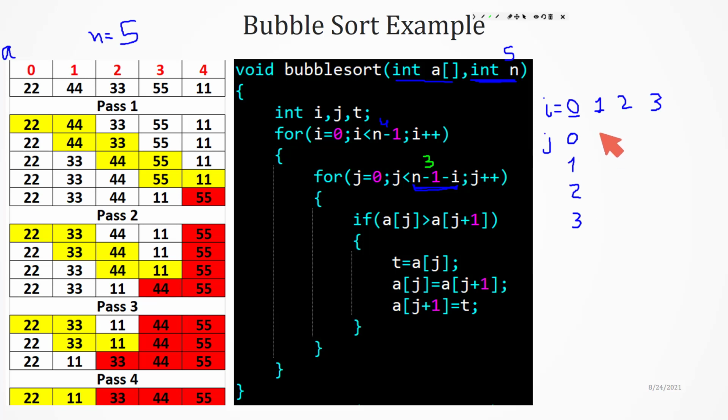I am asking about j values. When i equal to 0, what are the values of j? 0, 1, and 2. Okay, good.